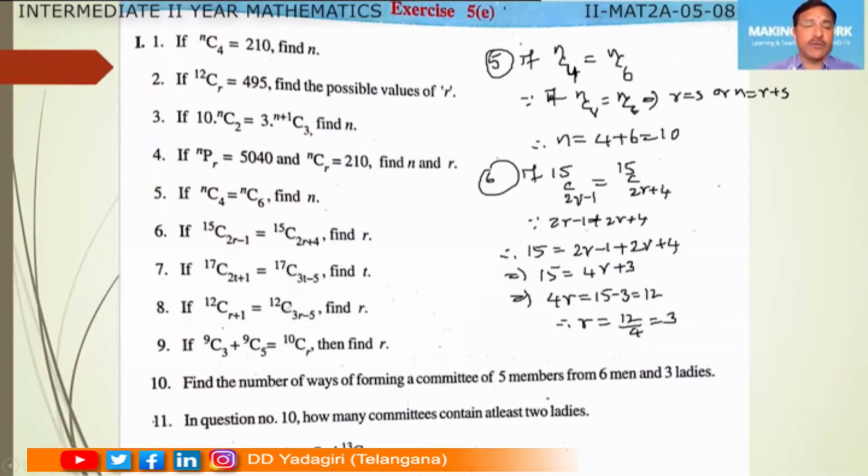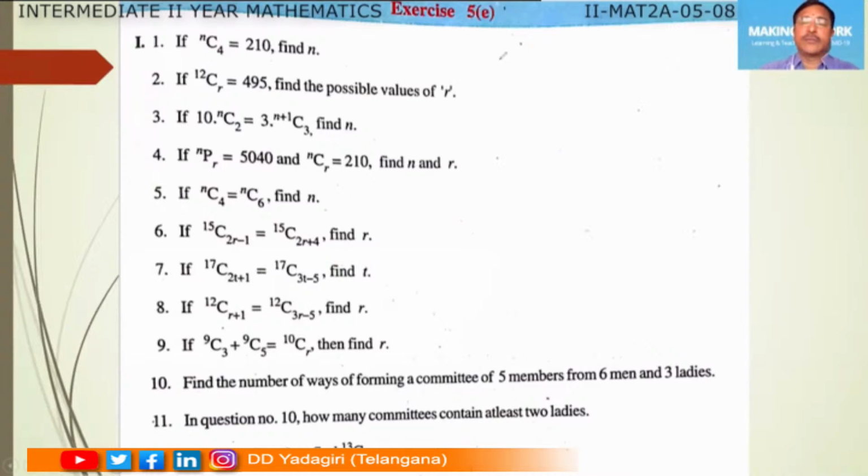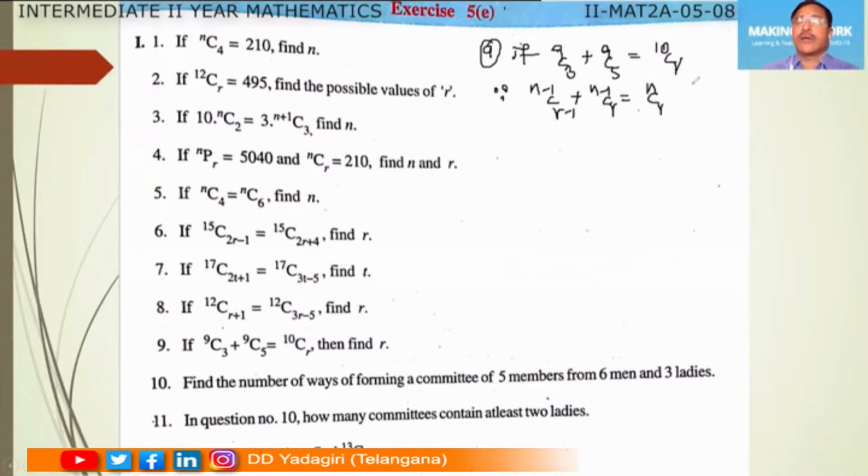Similarly, the 7th and 8th questions. Okay. And 9th question. If 9C3 plus 9C5 is equal to 10CR, then find the value of R. So we have, since n minus 1 CR minus 1 plus n minus 1 CR is equal to NCR.